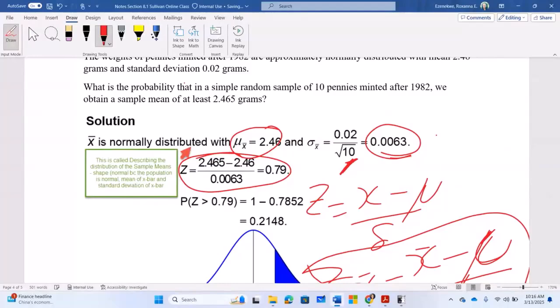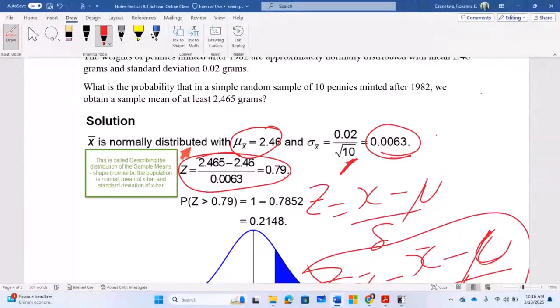Okay, what is the probability that z is greater than 0.79? And 0.79 here is from your calculator: you calculated the z-score, and then you set that to find the probability.